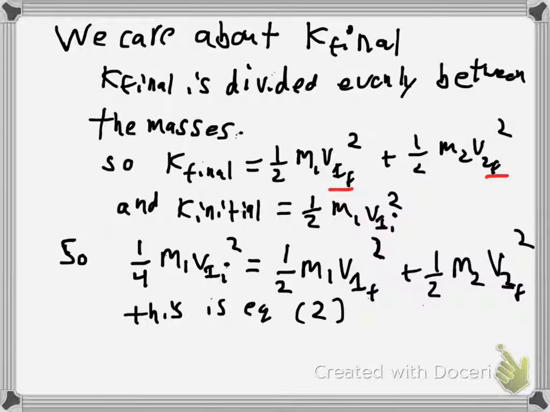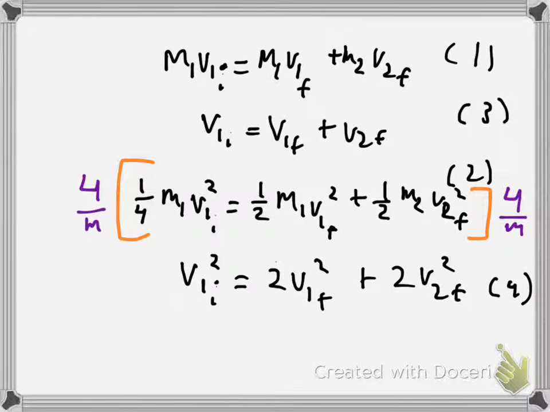The initial kinetic energy is just 1/2 M1 times V1 initial squared. So if K final is equal to half of K initial, we have 1/4 of M1 V1 initial squared equal to K final. This will be our equation 2.